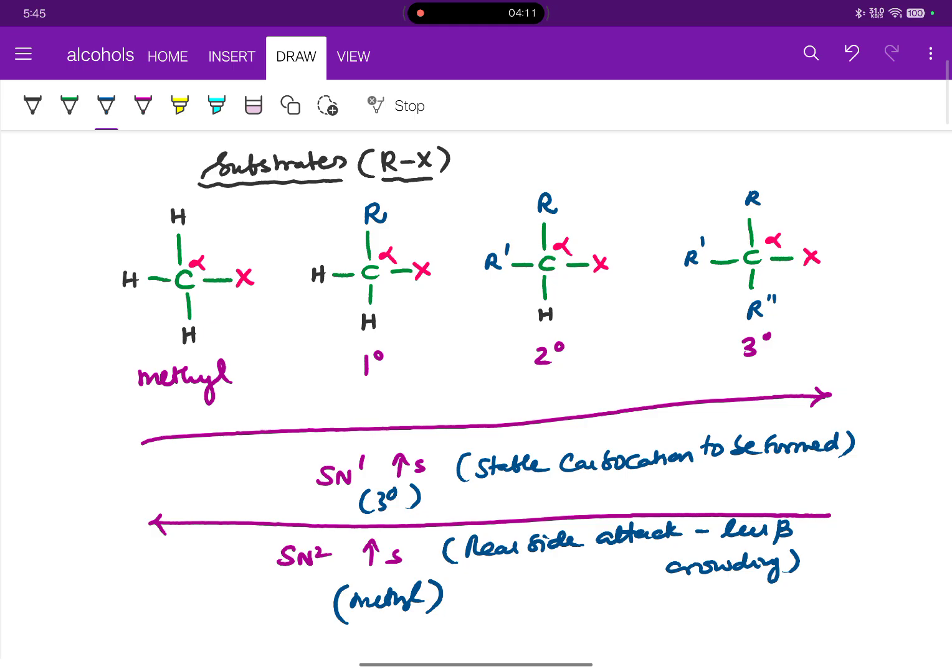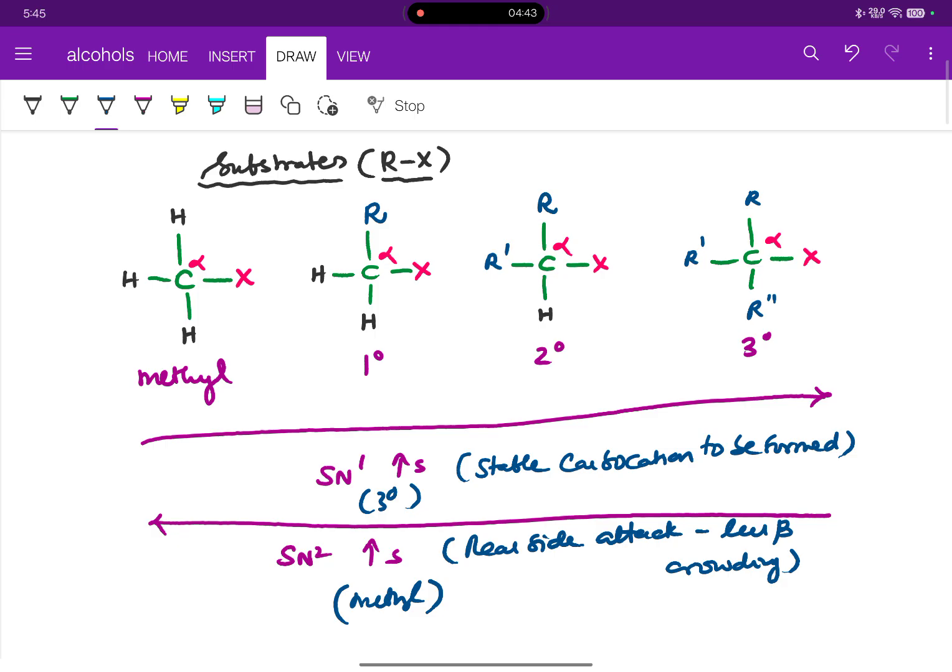And the carbocation of tertiary is more stable, we all know, because I explained it last class itself. The more the beta crowding, the better the electron releasing group, or the plus I effect is quite high. So automatically the carbocation stability is high. As you move from tertiary to secondary to primary and methyl, the stability of the cation is not much appreciable because of less hyperconjugation and inductive effect.